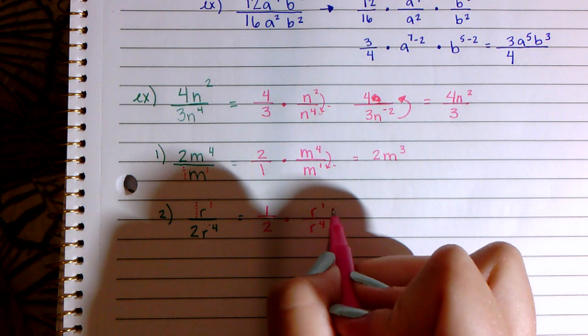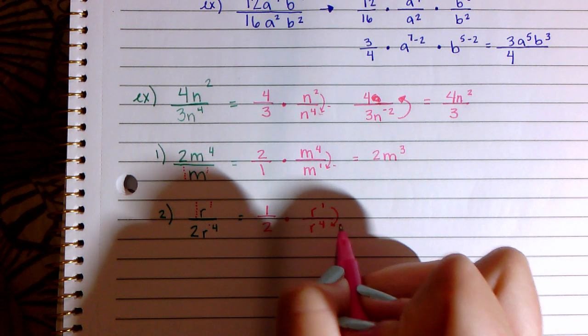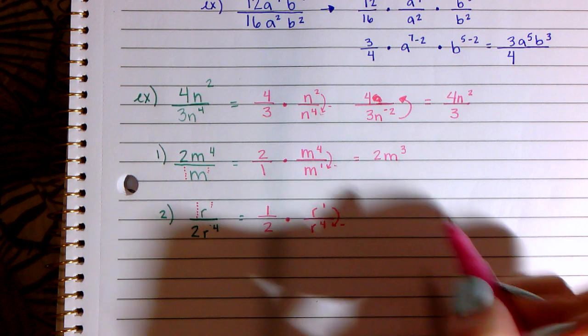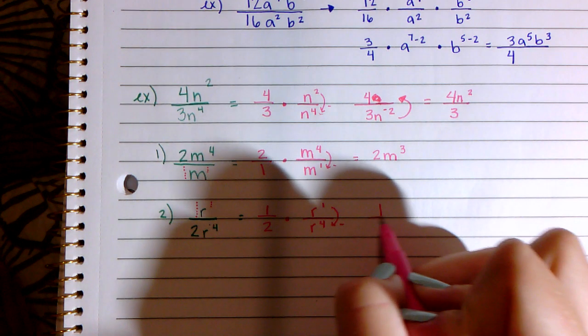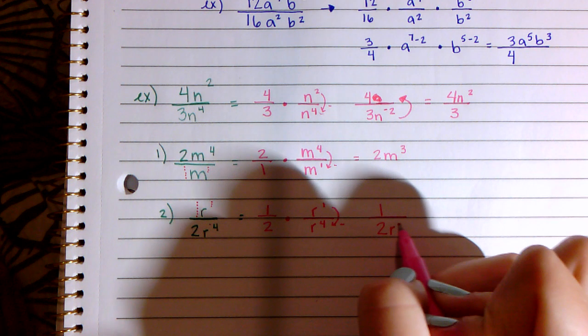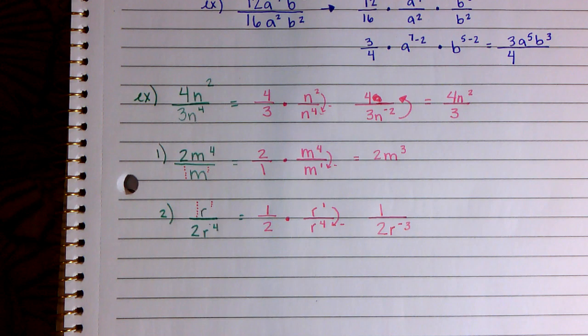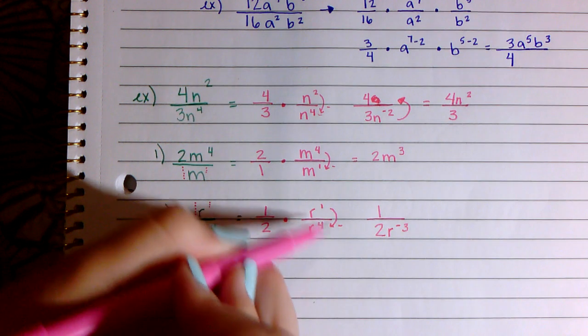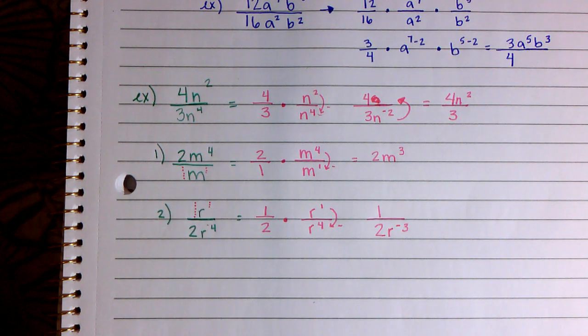So when I subtract 1 minus 4, I actually get -3 on the bottom, right? So I have 1 over 2 times r to the -3. Okay, so I put my numbers with my simplified letters, and I got a -3 on the bottom.